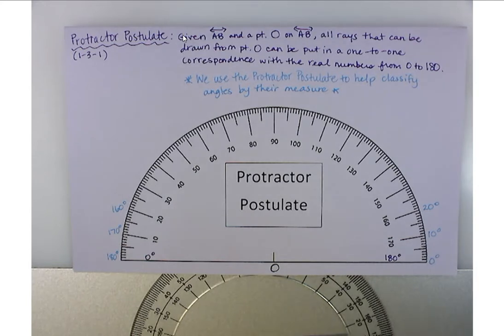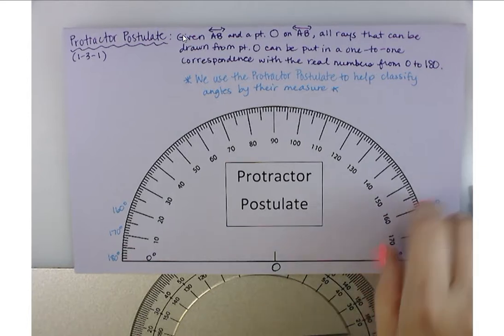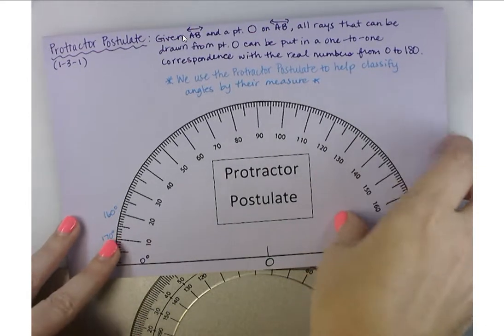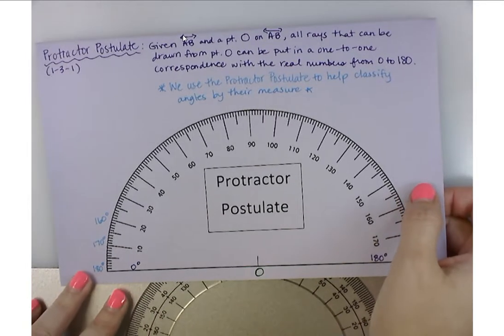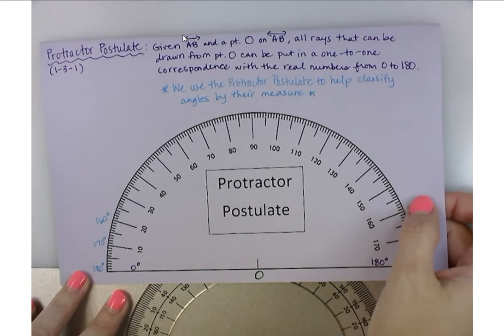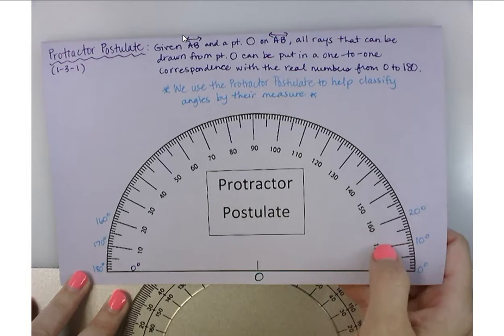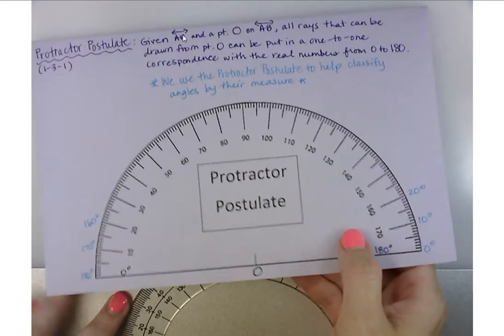I gave you the first sentence there, so there's going to be very little writing in here. We're actually just going to be doing some interpreting. Do you guys need more time with the protractor postulate on the front? Speak now, forever hold your peace.